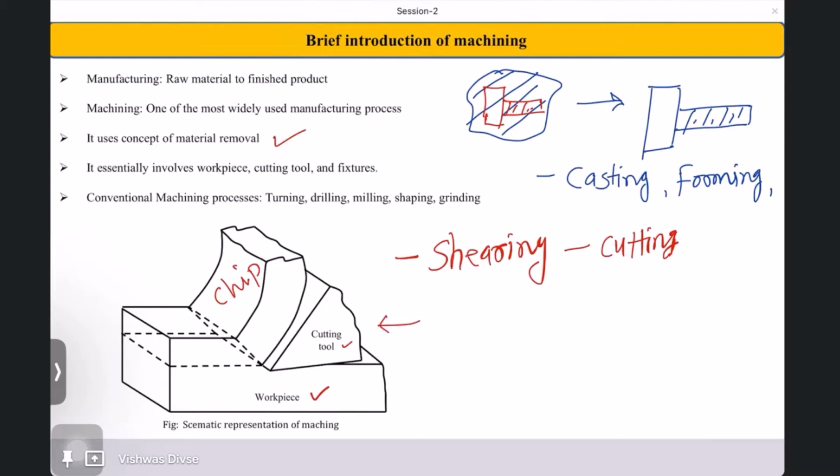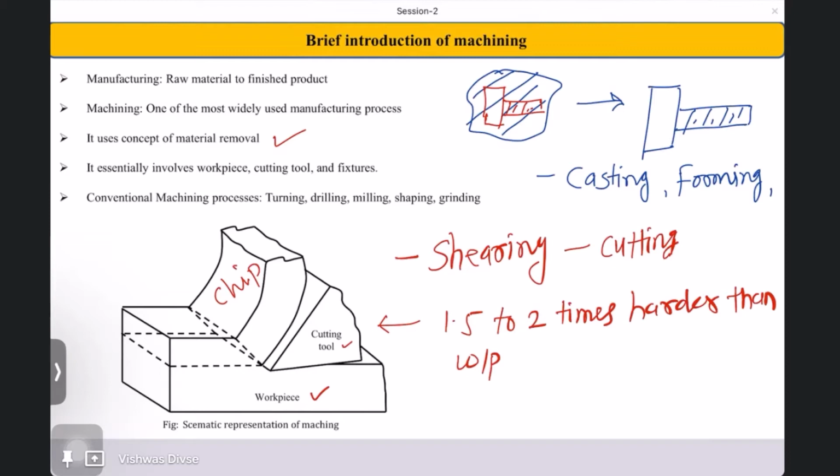So essentially this cutting tool is conventionally 1.5 to 2 times harder than the workpiece. So these are some fundamental requirements. We cannot cut conventionally otherwise, at least I am saying. There are many non-conventional machining operations. There we can use even a softer tool to cut a harder material. But that is an entirely different story.